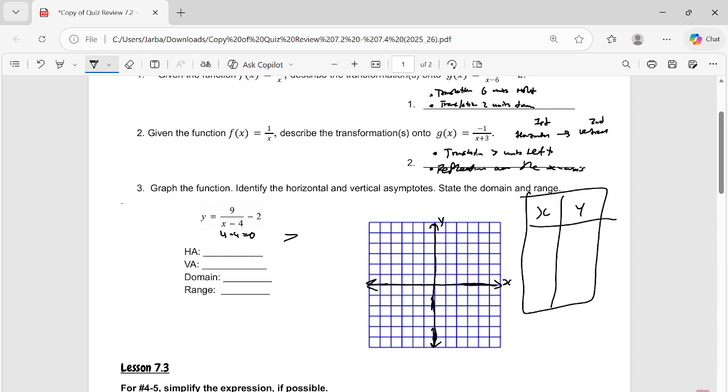So wherever the denominator becomes 0, that's where your function is undefined, which is where you have a vertical asymptote. So I'm going to draw a dotted line right there. So now I have a vertical asymptote. So x equals 4. Okay.